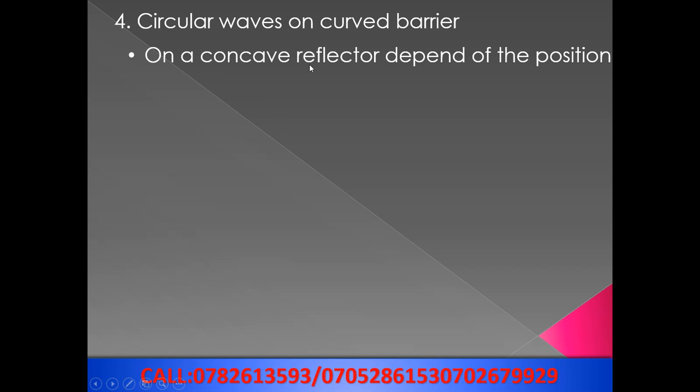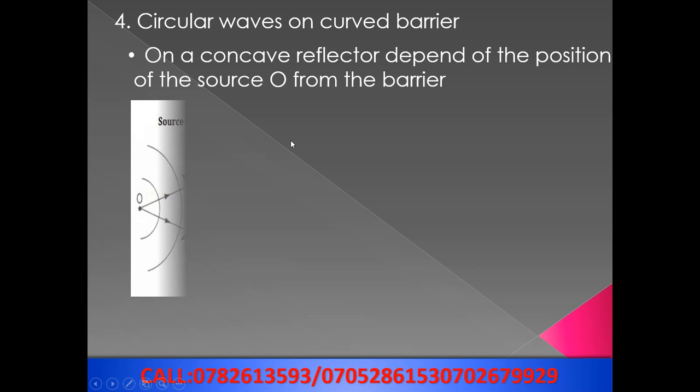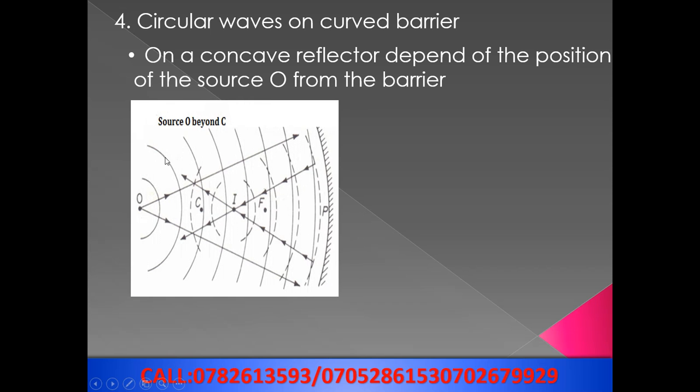On a concave reflector, they depend on the position of the source O from the barrier. Now here, if I have the reflector, and I take these to be the point P, point F, point C, and point O, so if the source is beyond C, which is called the center of curvature, then the waves will move.